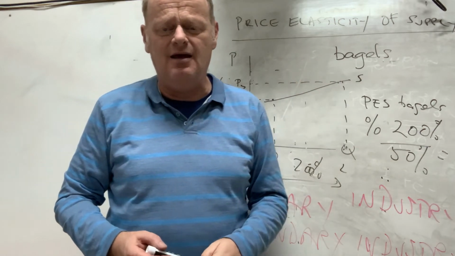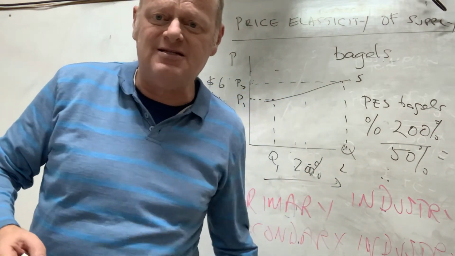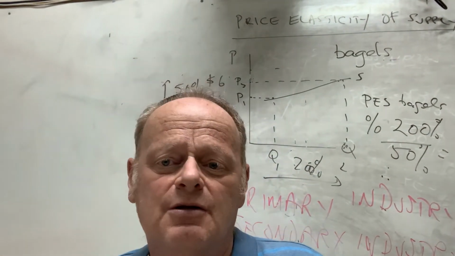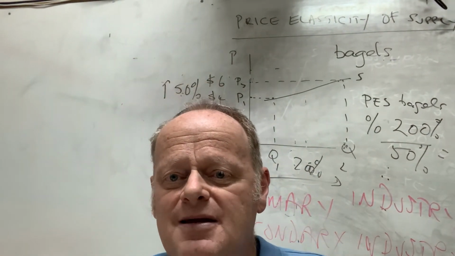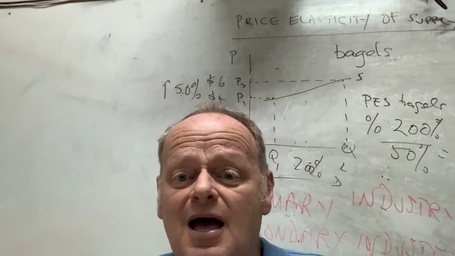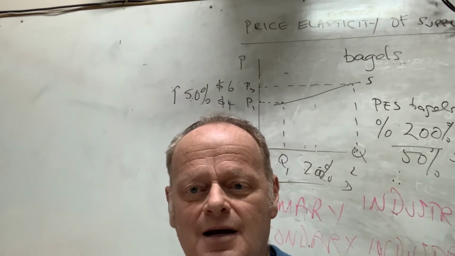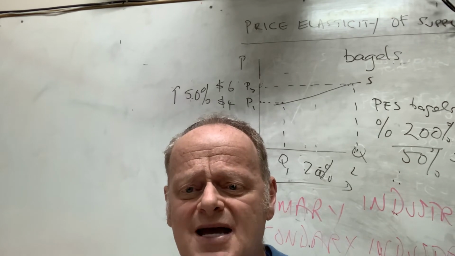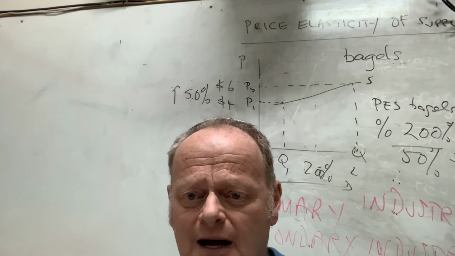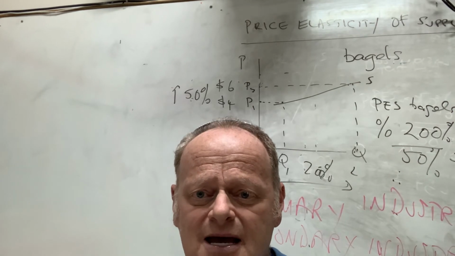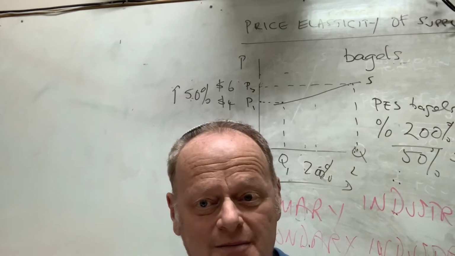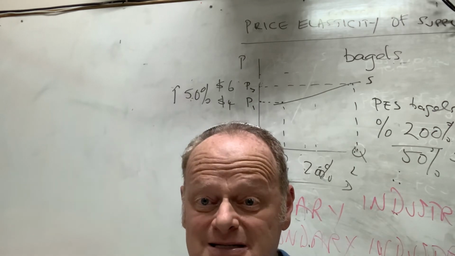Now, just because something's price elastic in supply does not necessarily mean it's going to be price elastic in demand. The two aren't related. There are plenty of things that are price elastic in demand and price inelastic in supply, and vice versa. But what has happened is that we need to know about elasticities of supply. One reason is in order to know what the pluses and minuses are on what you're producing before you actually go into business.